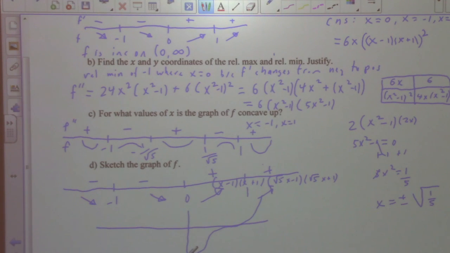And then on the other side, we have negative over positive, so we are decreasing but concave up all the way to -1 over square root of 5. And then between -1, what do we have here? We have minus, minus, like this. And finally, we have this. So that's what it's going to look like.